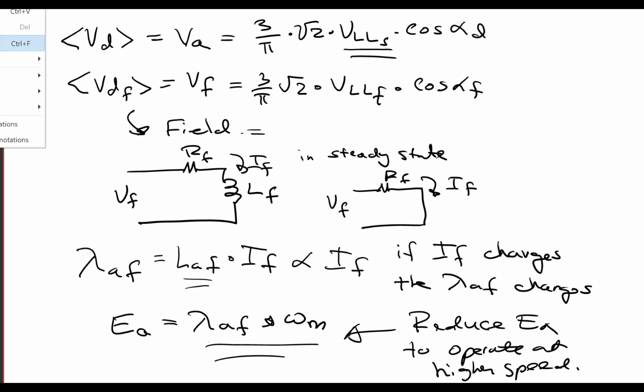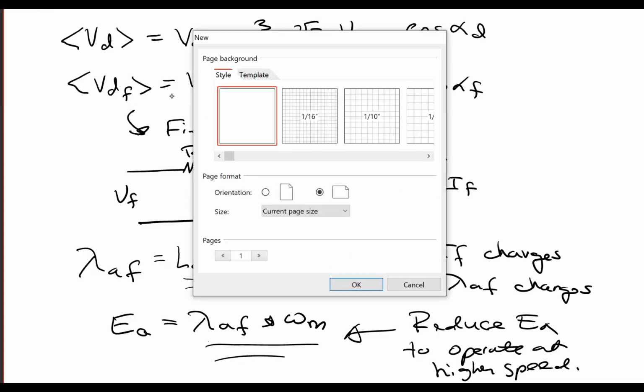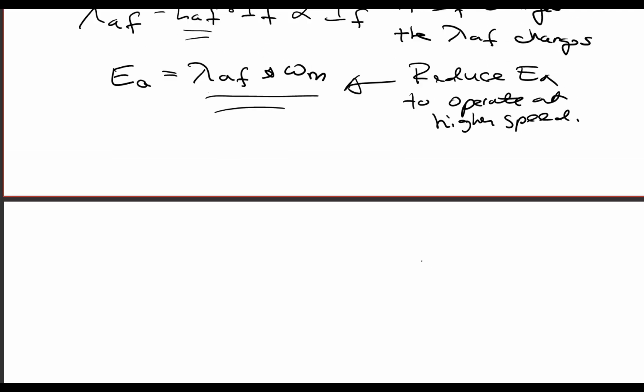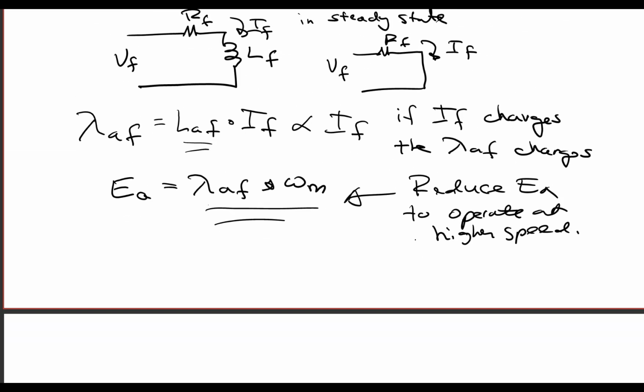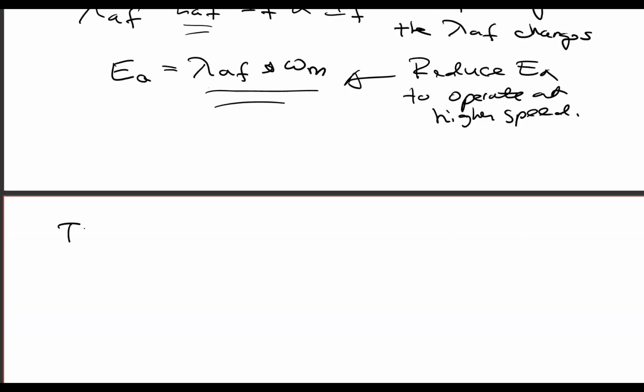Then how do we do that? By reducing I sub F. I sub F is equal to V sub F divided by R sub F. So we know this. That was given.